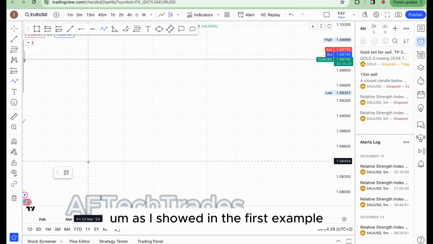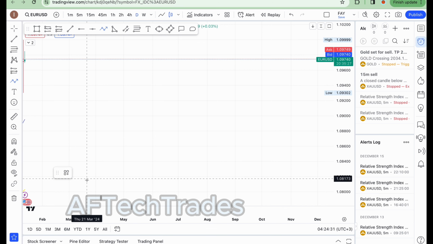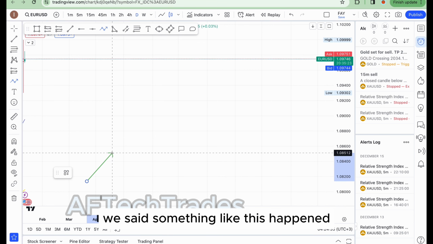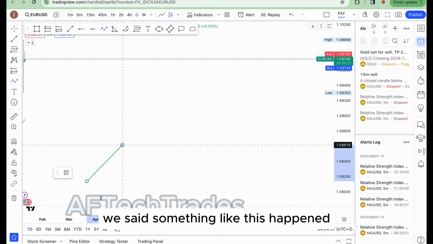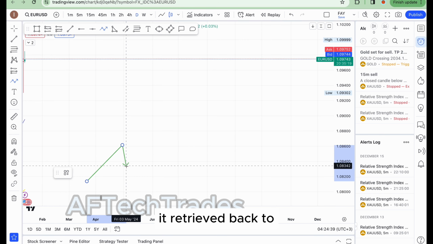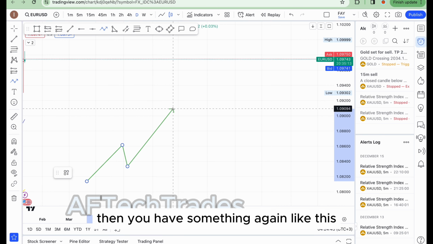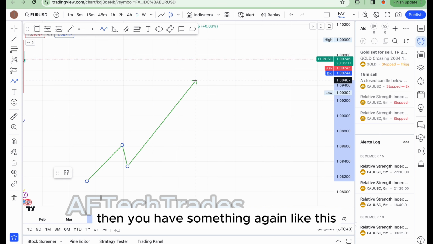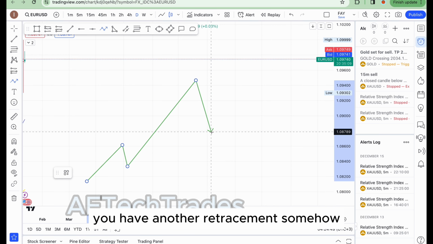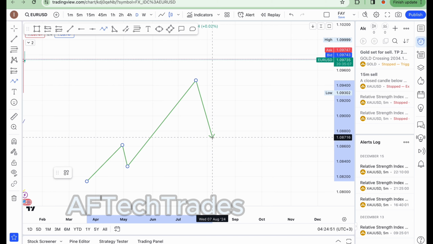As I showed in the first example, we said something like this happened. It retraced back to the zone where the breakout started from. Then you have something again like this. You have another retracement somehow.